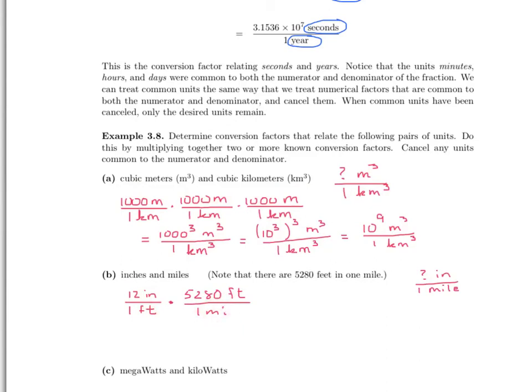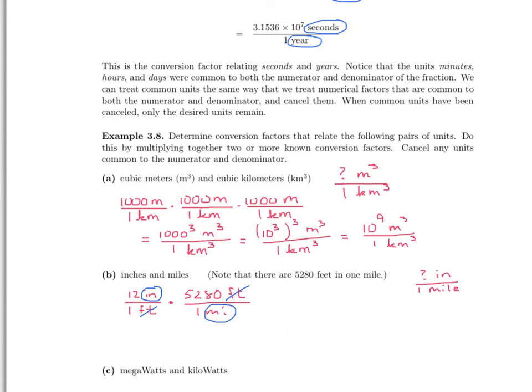Do you see any units that are common to the numerator and denominator? The answer is yes. Feet is common to the numerator and the denominator. So we can actually cancel the feet units, and that's going to leave us with inches and miles remaining.